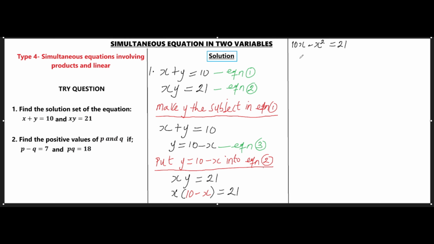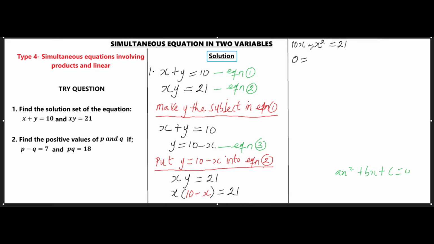You see that we are getting a quadratic equation. We know that quadratic equation is of the form ax squared plus bx plus c is equal to 0. So I need to rearrange this into this form. So I have 0 equal to, beginning with the x squared.